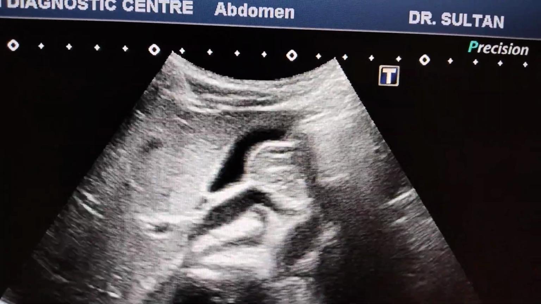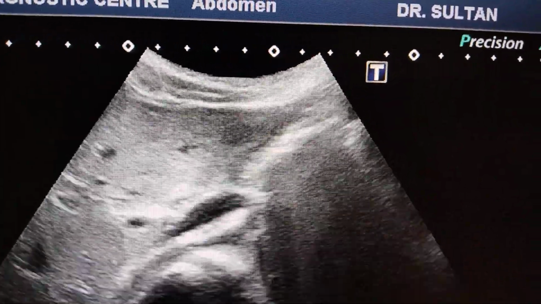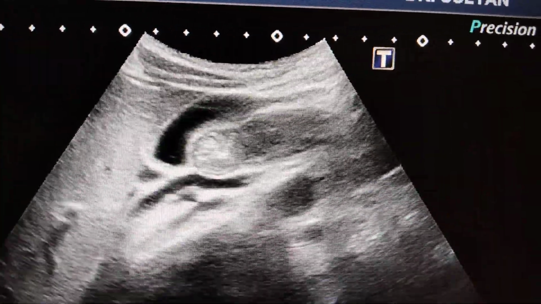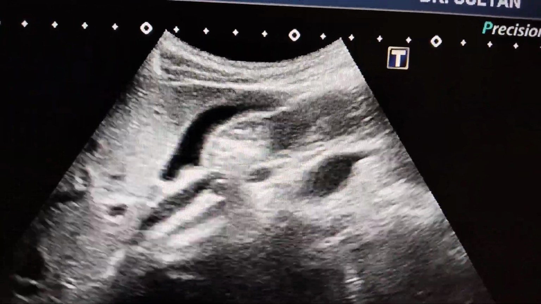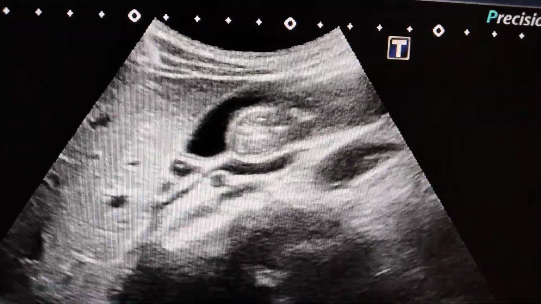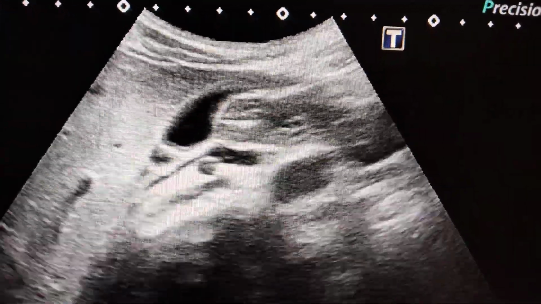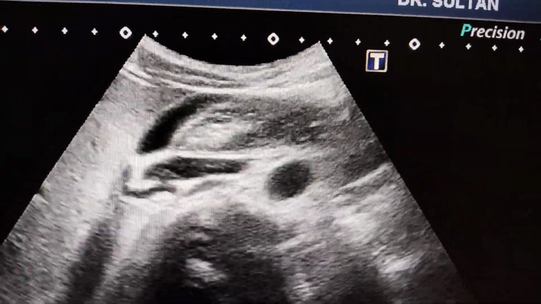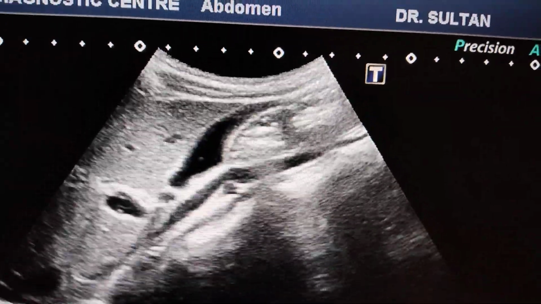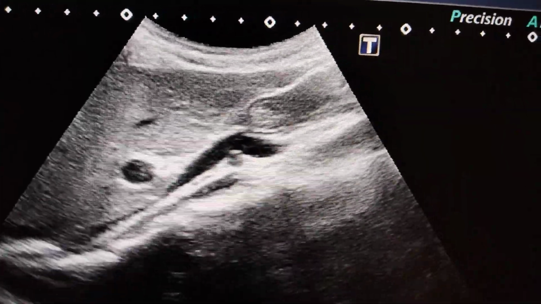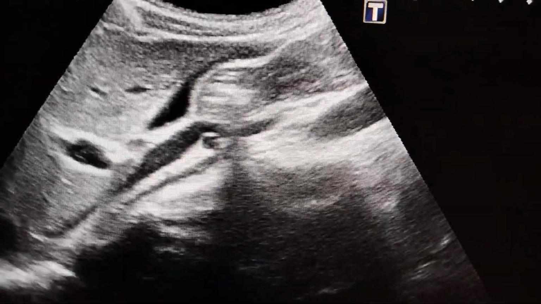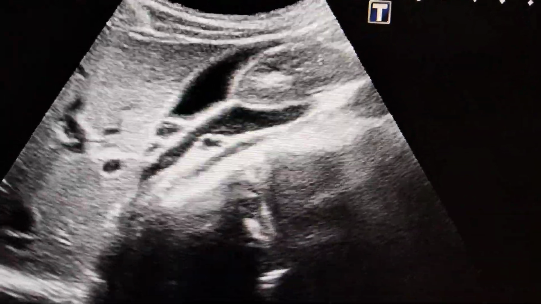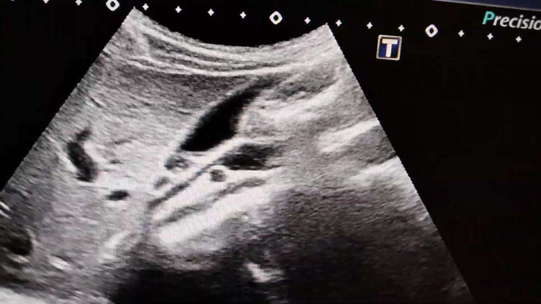The best technique to scan the gallbladder is to ask the patient to fast for 6 to 8 hours. Then the gallbladder will be distended, and it will be easy to see the gallbladder while it is dilated.